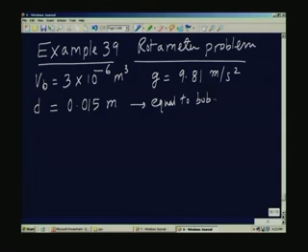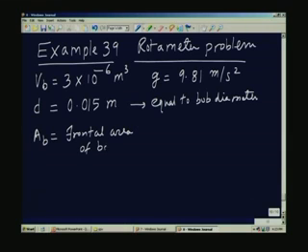That means, to determine the frontal area A b, the frontal area of the bulb which comes in the calculation of the drag force, this frontal area will be pi d squared by 4.